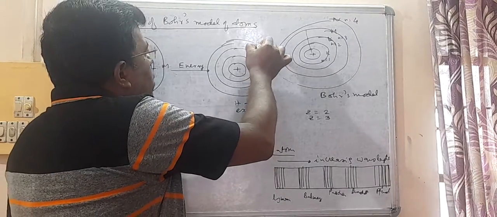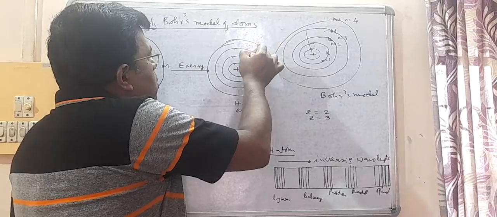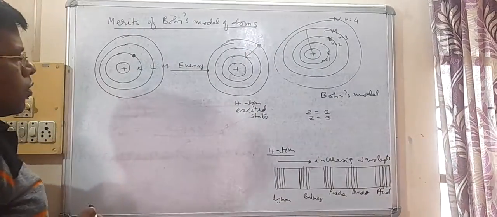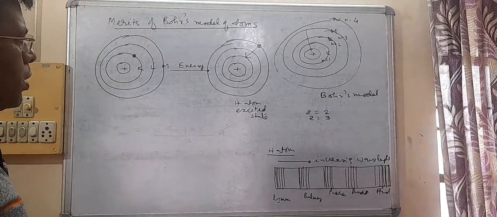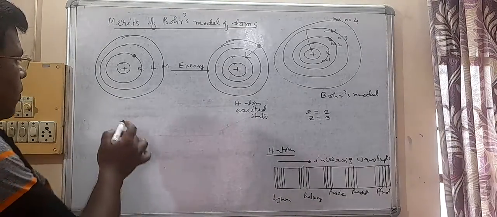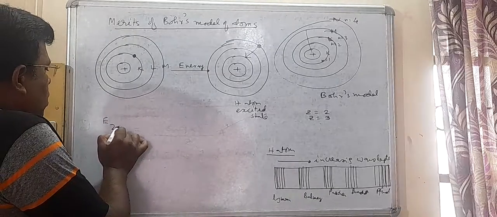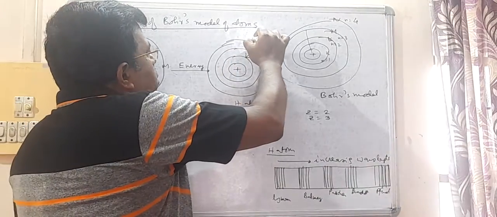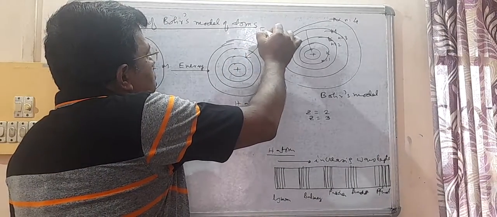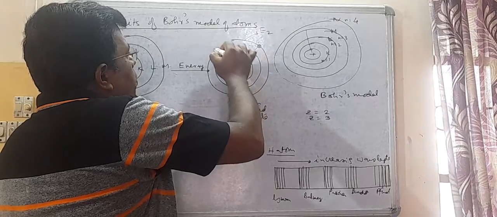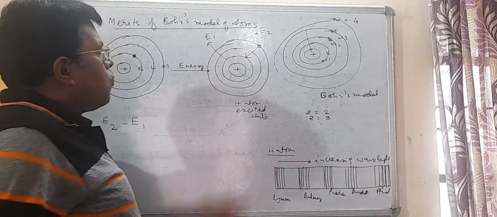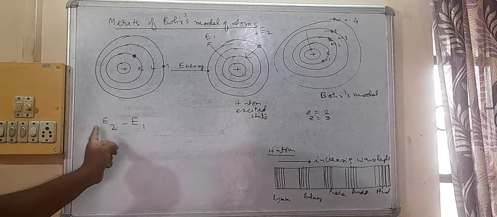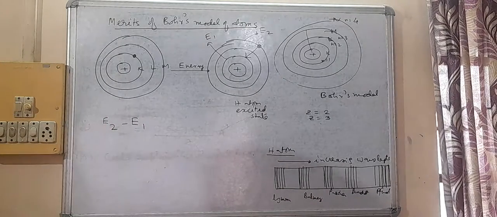When electron comes back to its initial ground state, energy is going to be emitted, and energy emitted will be, say, E2 minus E1. Suppose energy of this orbit is E2, energy of this orbit is, say, E1. So when electron comes from here to here, it is going to emit energy. Emitted energy will be E2 minus E1.